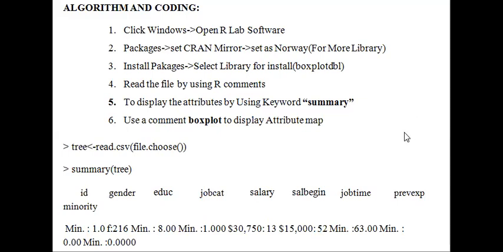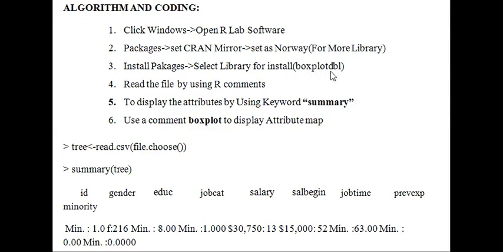The algorithm of this program is, first we have to open the R lab software and set the crayon mirror from the package and set it as an R for selecting the library.